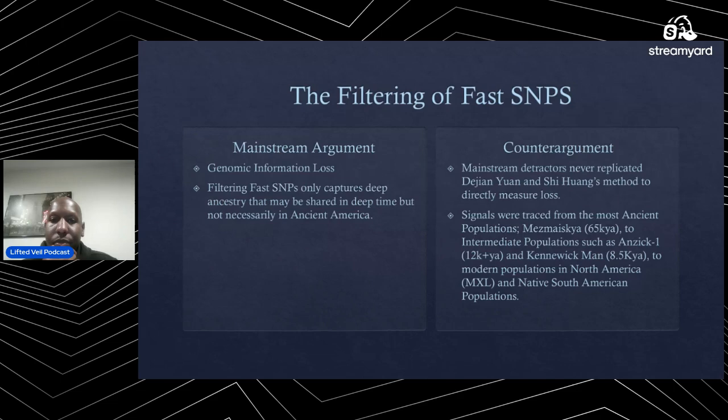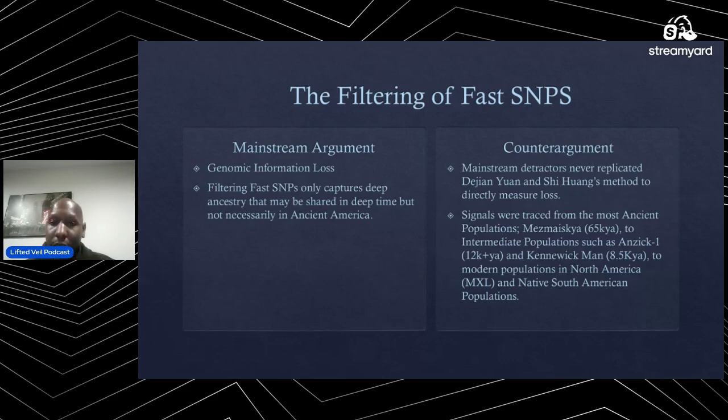All right, so counter argument, and basically how these two geneticists address this. Well, let me do it one at a time. Genomic information loss. They accused these two geneticists of theoretically losing genomic information.